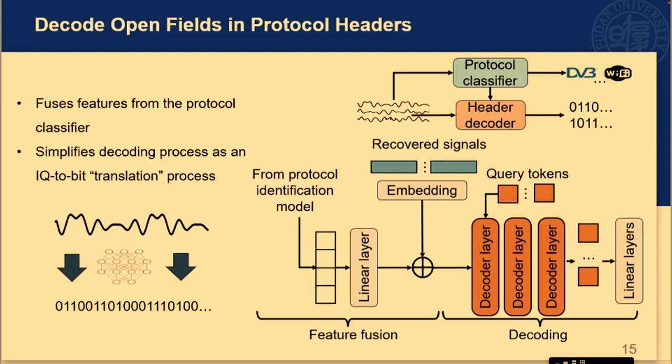This approach unifies the decoding process for diverse protocols such as DVB-S2 and Wi-Fi into a streamlined framework. It only requires protocol-specific adjustments to the network parameters and the number of query tokens, and no need to design new processing pipelines for different protocols.